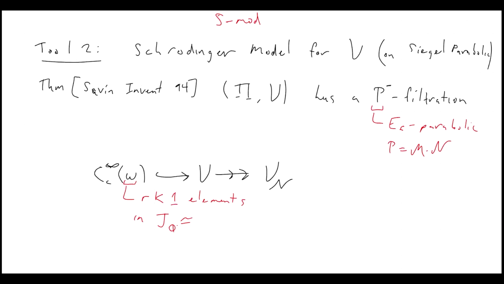I said a P minus filtration, so this should be N minus, and this one should be N. Just to say this point again, we're over a p-adic field, so there's only one form of octonions, the split octonions.